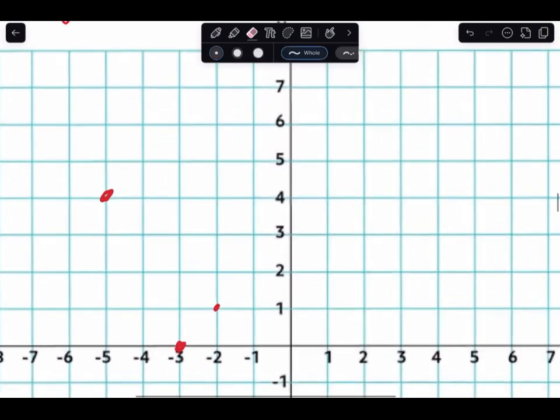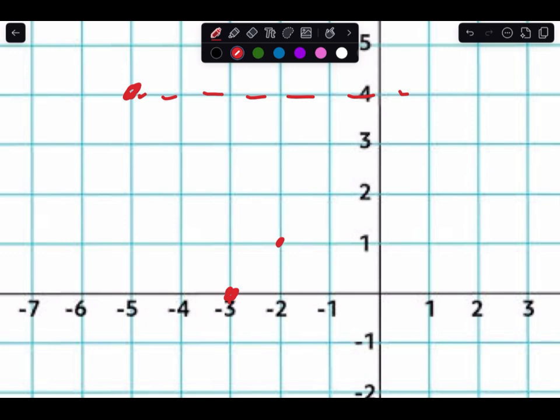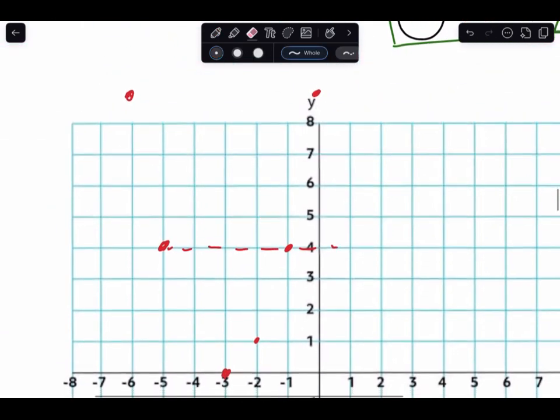I know that the only other point at the same y level, meaning y level 4, will be at the same distance that negative 5 is from the vertex, which is negative 3, the x coordinate. So that's 2, right? We see 2 boxes here. And so we go 2 to the right, and at negative 1 it should also be that same y level. And the same would apply to any other point that we get here.